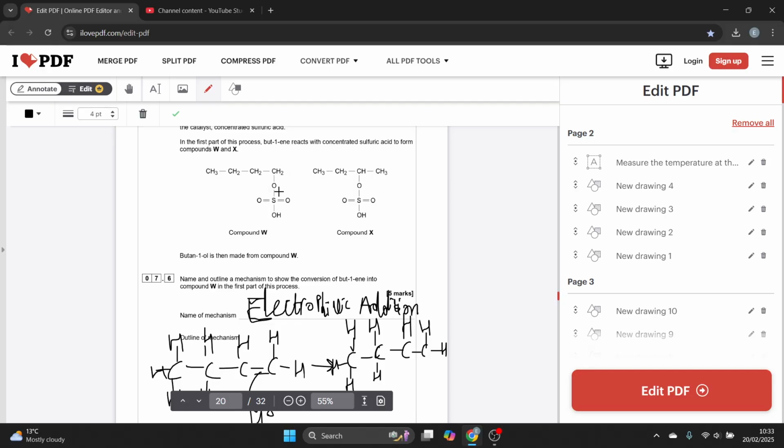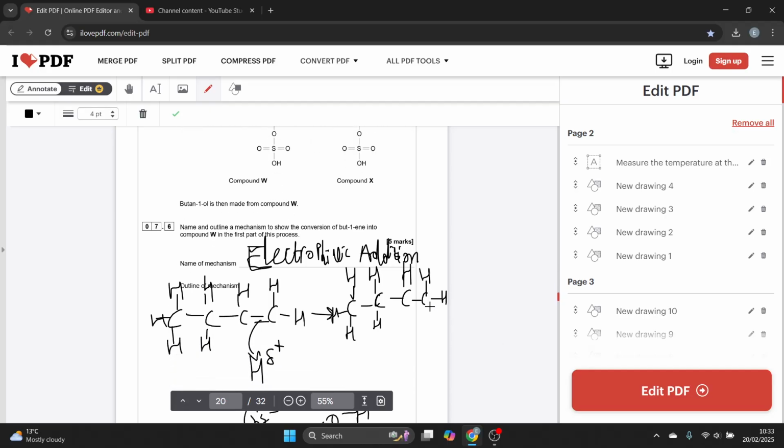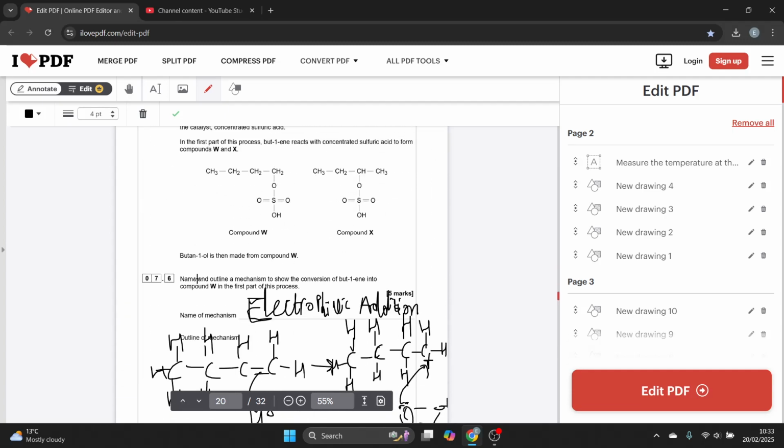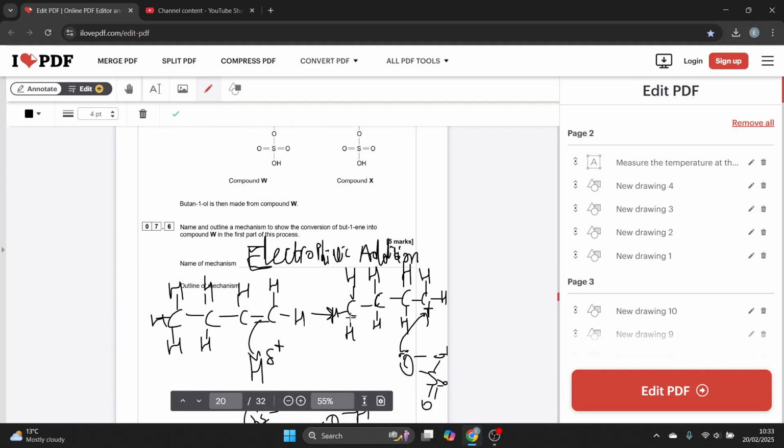So to form compound W, the carbocation is going to be here. So you've got a hydrogen goes here, and oxygen lone pair of electrons, negative charge, S double bond OH, bonds here, and then what you form? You form compound W, CH3, CH2, CH2, CH2O, that's S double bond OH.